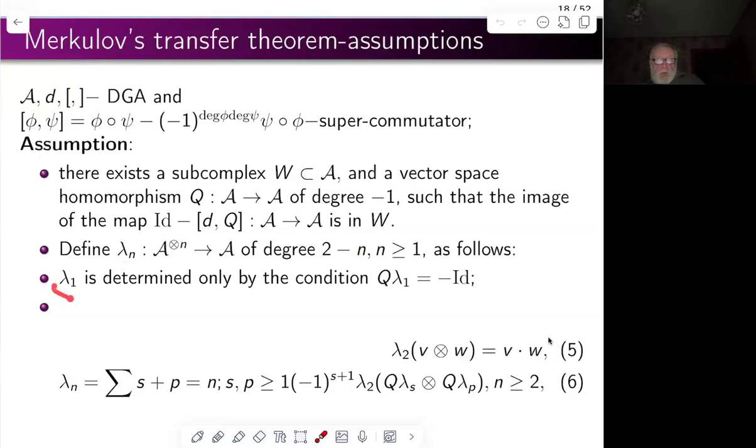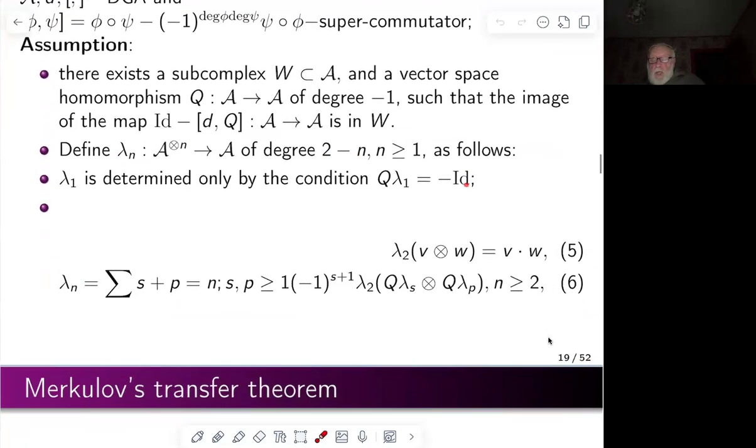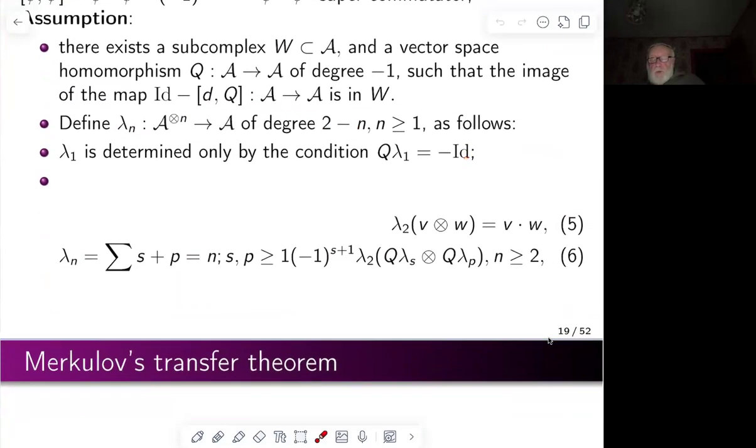So lambda 1 is determined only by the condition that the composition Q lambda 1 equals minus identity. Lambda 2 is just the product. Lambda 2 of V tensor W equals V dot W.